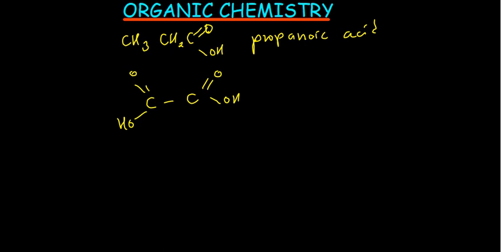You can try to name it before you check what the name is going to be. This is an acid functional group, and even this one is an acid functional group. So we have got two acid functional groups, position number 1 and position number 2. Whether we change them, it will still be the same.